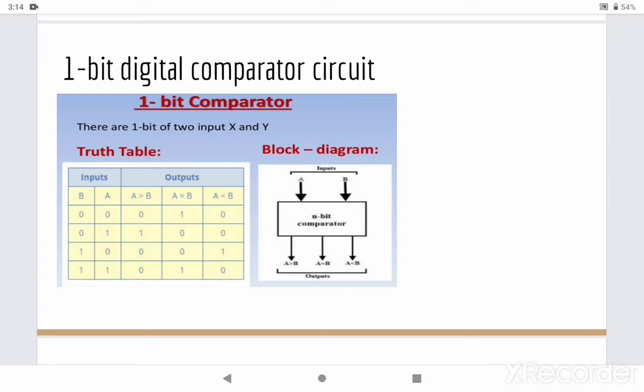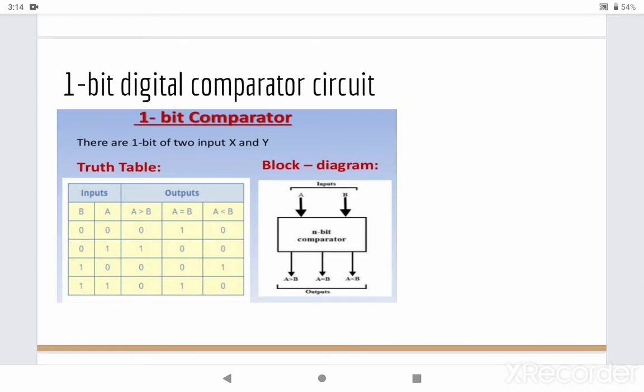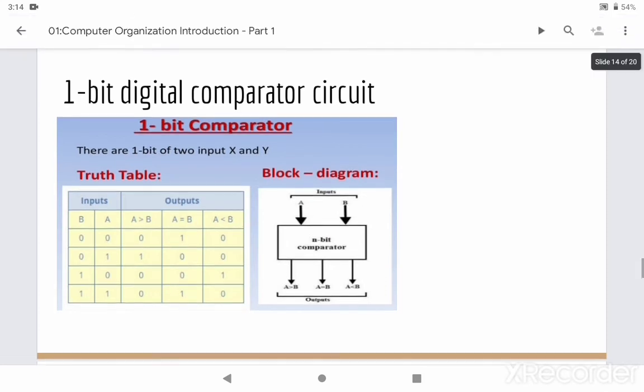So it is checking the condition A greater than B. That is 0 greater than 1. No. Next condition, A equal to B. 0 equal to 1. No. Then A less than B. That is 0 less than 1. Yes, obviously. So we can place the 1 in that cell.